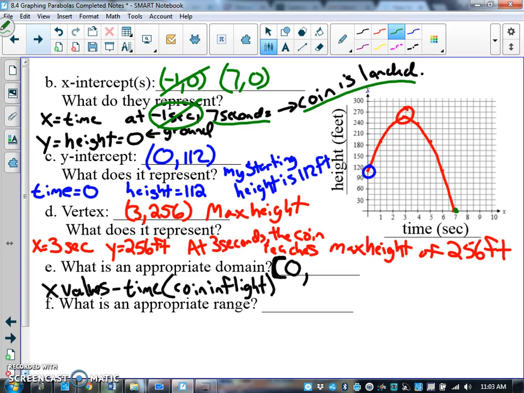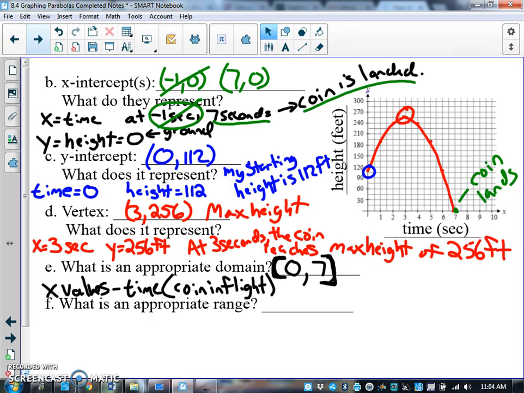At 7 seconds, the coin lands. And I can't go any further. At that point, this function no longer represents the height of the coin. So I can go from 0 to 7 seconds. After 7 seconds, the equation for my coin is y equals 0.